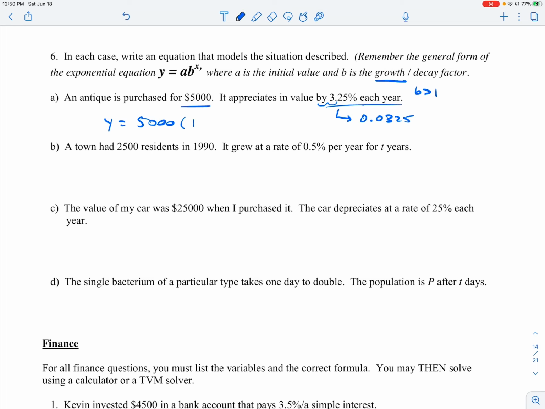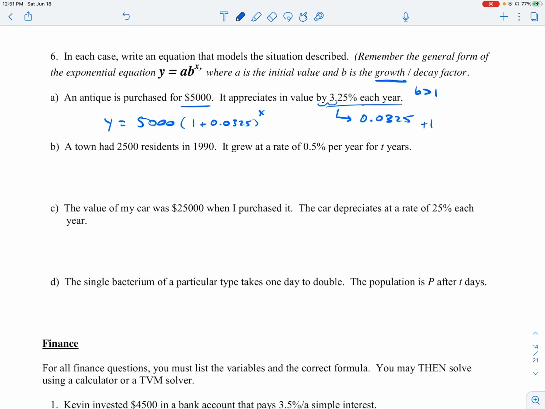So we have to do 1 plus the growth percentage. So it's going to be 1 plus 0.0325. So whenever you're given growth percentages, when we convert that percentage to a decimal, we always get a tiny number that's less than 1. But if it's growth, we just add 1 to it. And that's the value that we need to use for the base for our exponential function.